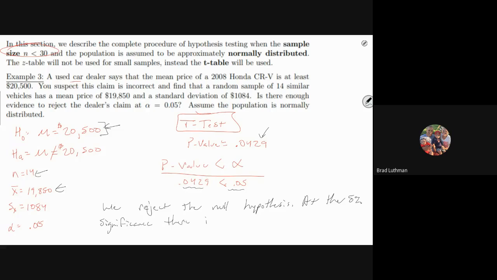There is, so again, I'm going to be looking for reject, and is evidence to suggest that the car dealer's price claim is false. Right? Our evidence to suggest that is such a low probability rate. Let's look at that one more time.